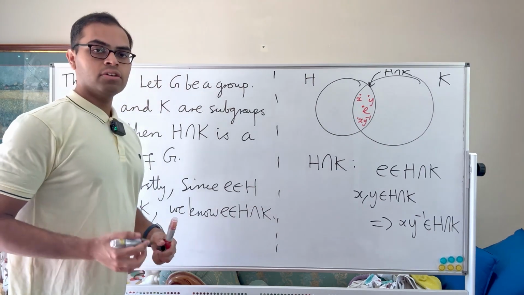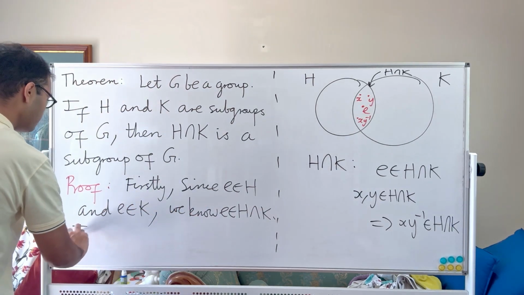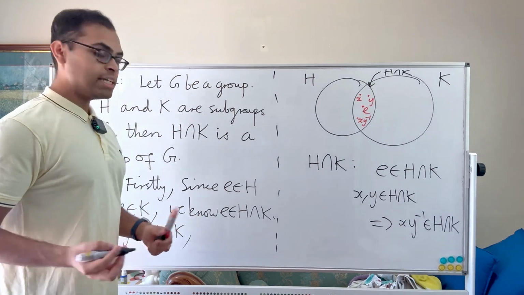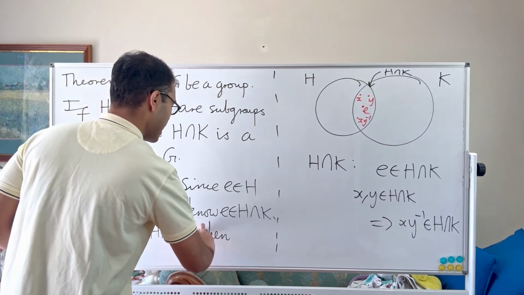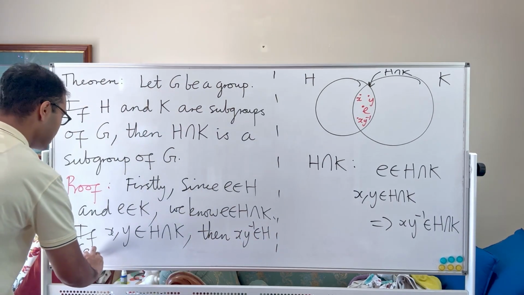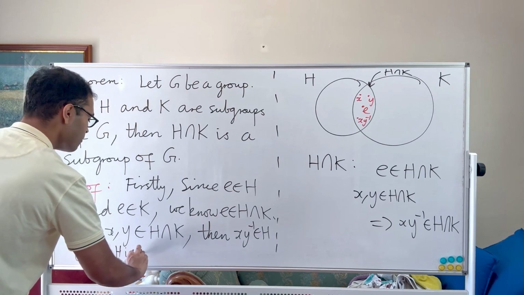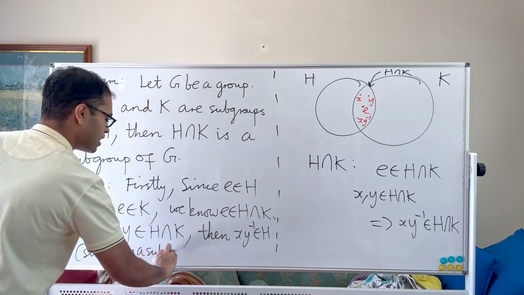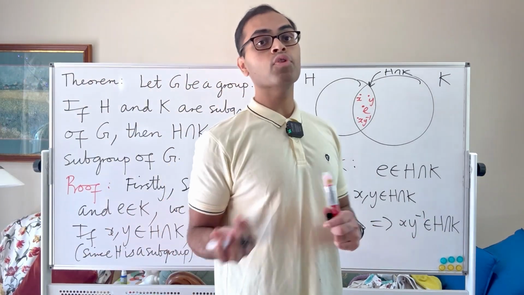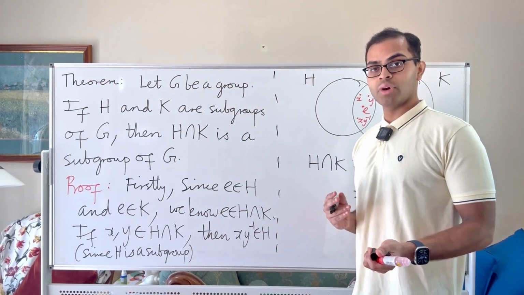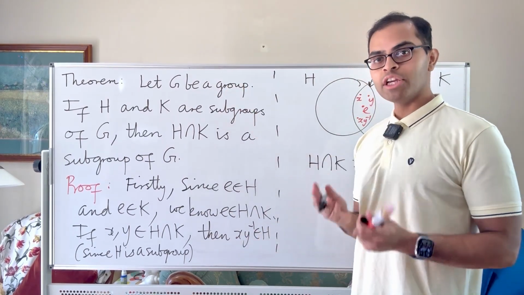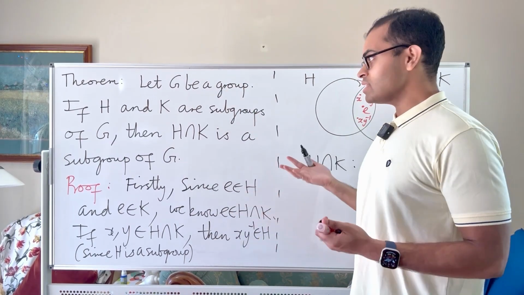And similarly, if x, y are in H intersection K, then because H and K are subgroups, we know that x y inverse is in H. I could put a bracket, since H is a subgroup. So we're carefully going through what the conditions are. What are the conditions we're using? Of course, it really matters that both H and K are subgroups. The statement is not true otherwise. So in math proofs, it's always helpful to think about what you're using and make sure you really are using that, unless the statement is generally true.